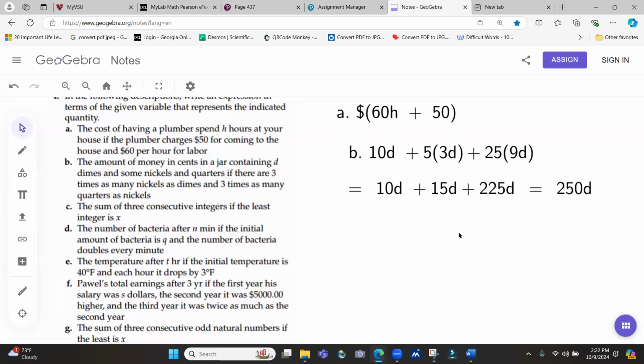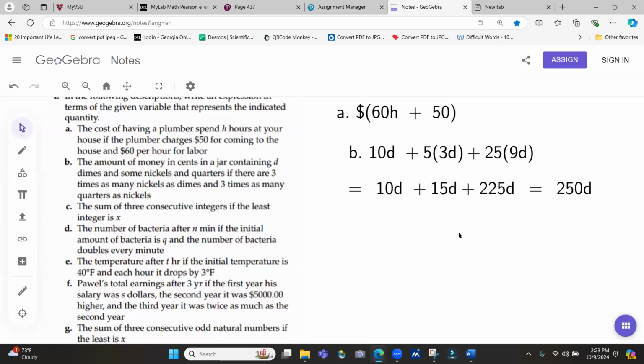All right. The sum of 3 consecutive integers if the least integer is x. Okay. Remember, guys, when we talked about fractions, we defined integers, whole numbers, natural numbers. Integers are these numbers: 0, plus minus 1, plus minus 2, plus minus 3, plus minus 4. So the difference between 2 consecutive integers is going to be 1.